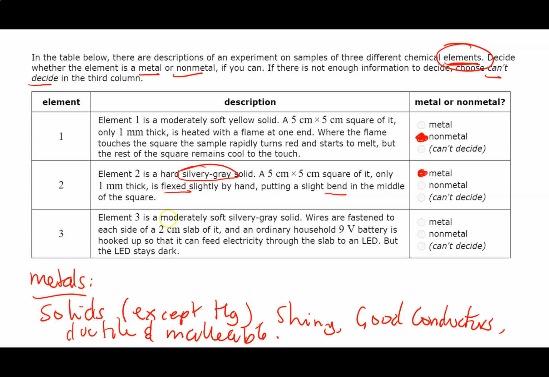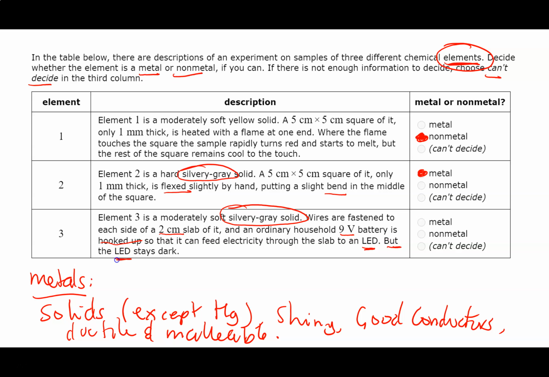Element 3 is a moderately soft silver grey solid. So silvery grey, hinting at a metal. But there are some metalloids and non-metals that are also silvery grey, so it's only one piece of evidence. Wires are fastened to each side of a 2 centimeter slab of it. So it looks like they're going to be testing to see if it can conduct electricity or not. And an ordinary household 9-volt battery is hooked up, so it can feed electricity through the slab to an LED.